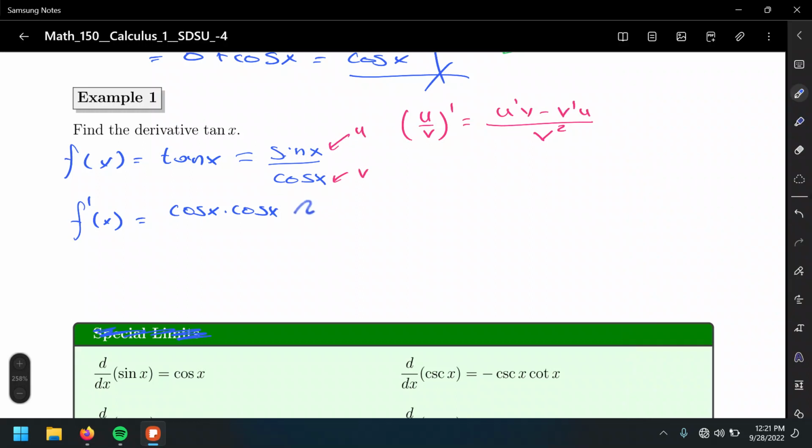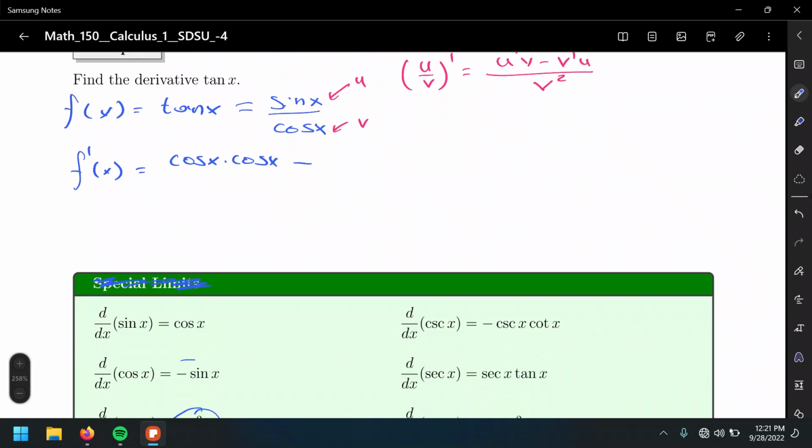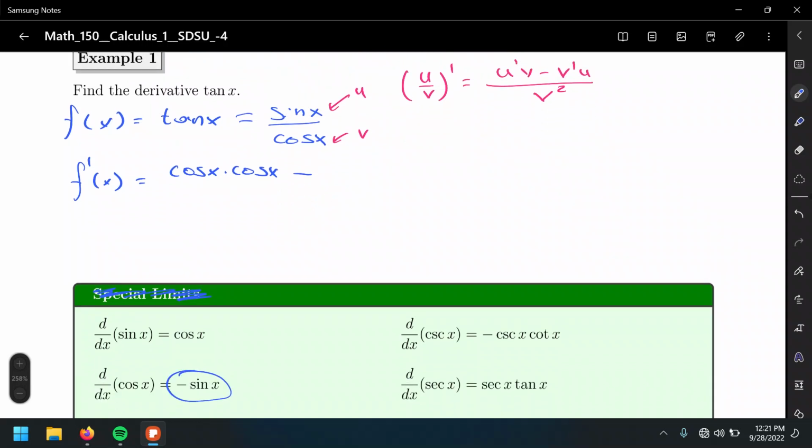And then minus, in accordance with the quotient rule, v prime, so the derivative of cosine, which in this case is negative sine, times u, which is sine. The whole thing divided by the denominator squared, which in this case is the cosine function, isn't it?